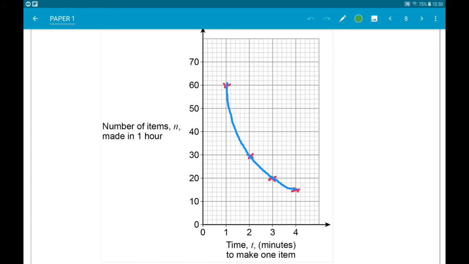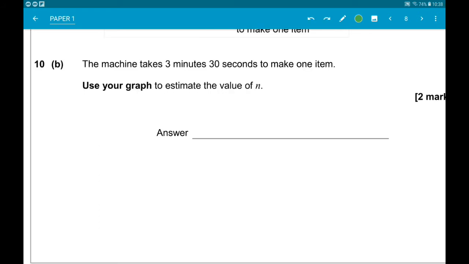N is 60 over 2, which is 30, etc. So you will then see the points do not line up in a straight line, so it's going to be a curve. Don't use a ruler, join them up freehand as best you can. Okay, then for part B, we're told the machine takes 3 minutes 30 seconds to make one item.